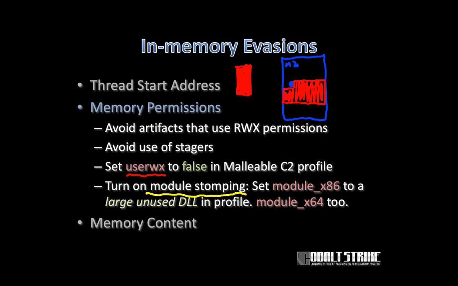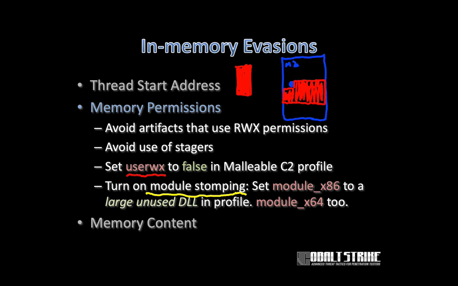And in this way, we end up living in a context where our permissions, our initial permissions anyways, are consistent with that of a memory-mapped DLL. We also have the benefit of having executable memory that is now associated with a memory mapped file or a module on disk.